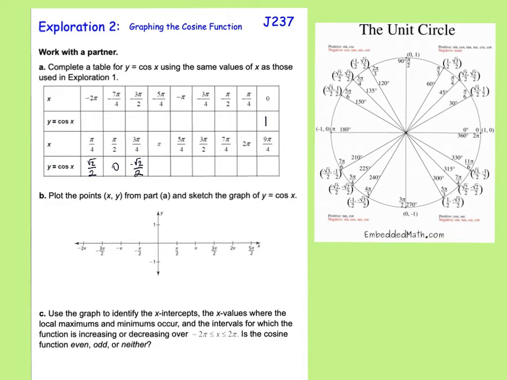And at pi we are going to have negative 1. 5 pi over 4 we have negative root 2 over 2. 3 pi over 2 we have 0. 7 pi over 4 we have root 2 over 2. And at 2 pi we have 1.